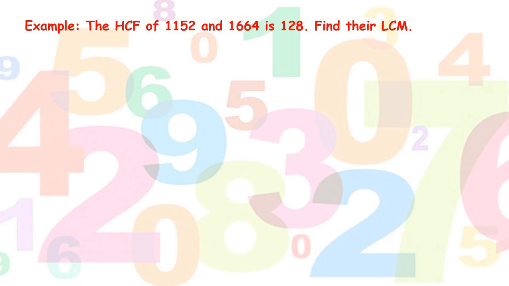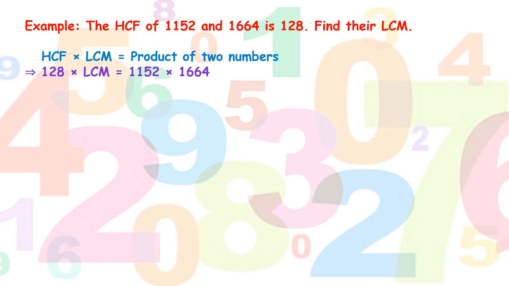So HCF into LCM is equal to the product of two numbers. So we will write here 128, that is the HCF, into LCM is equal to, and the two numbers are 1152 into 1664.